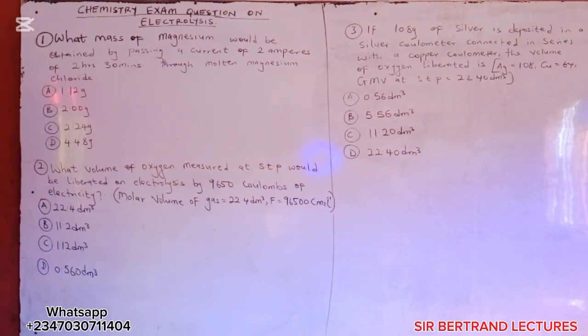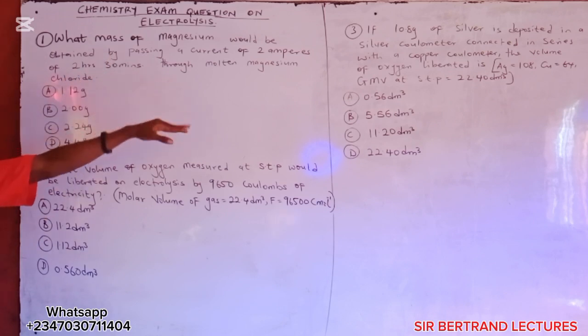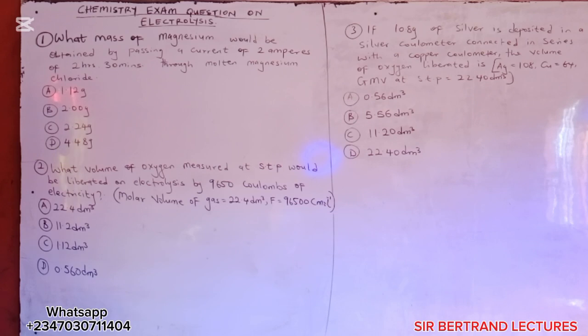Question number 1. What mass of magnesium would be obtained by passing a current of 2 amperes for 2 hours 30 minutes through molten magnesium chloride?